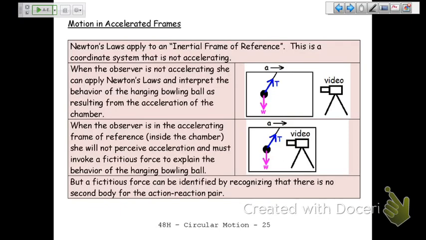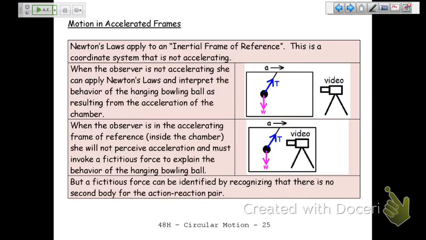If I don't videotape from the outside, if I videotape it from inside the truck, so you can't see the truck going faster and faster, all you can see is the bowling ball and the string. And you see that.